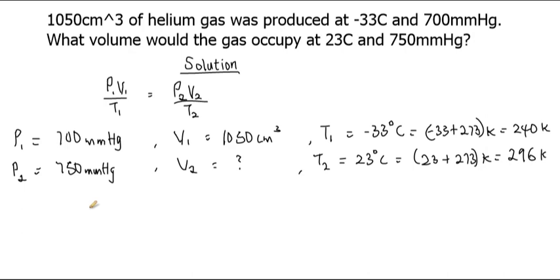Now V2 is the only unknown we have here, and this makes it very easy for us since we have just one unknown. So we'll be making the unknown the subject of the formula. Hence we have V2 equal to P1V1 times T2 divided by P2 times T1.